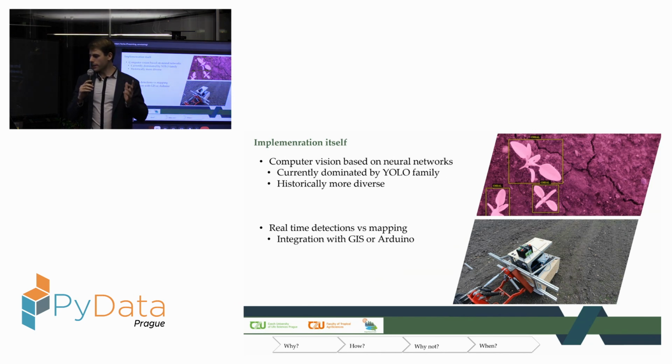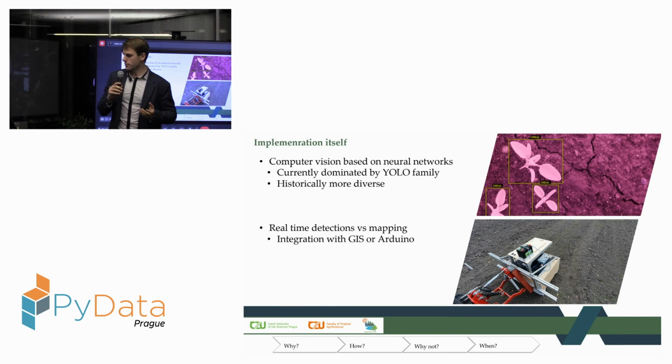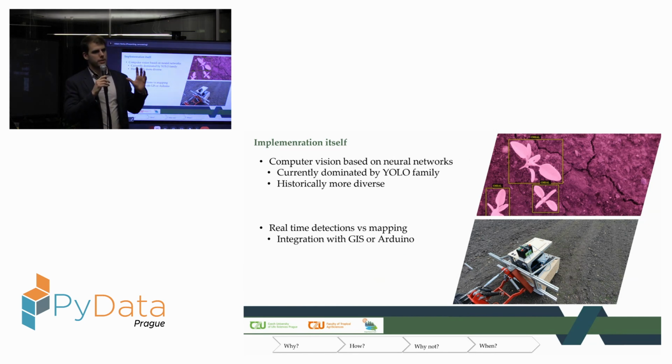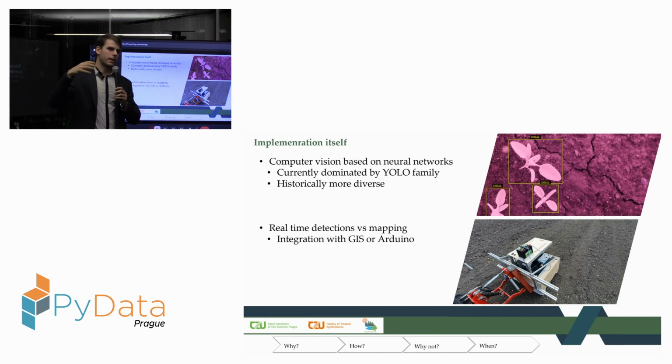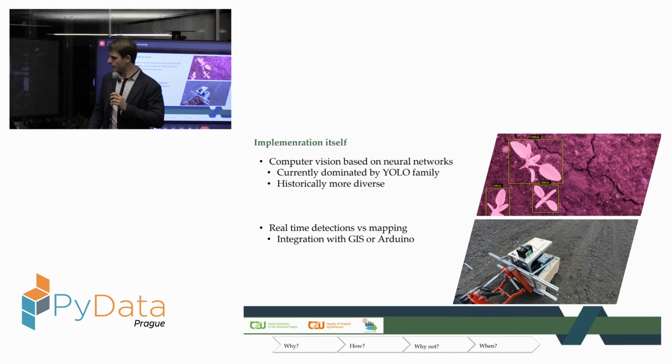Now, the question they are also always being asked is whether to focus on real-time detections or on more substantial mapping of the areas which are being then processed and used afterwards. Basically deciding between the camera activating something on the spot, or the camera creating a map for the sprayer to spray on the field and precisely target only those plants that are weeds and not the crops themselves.